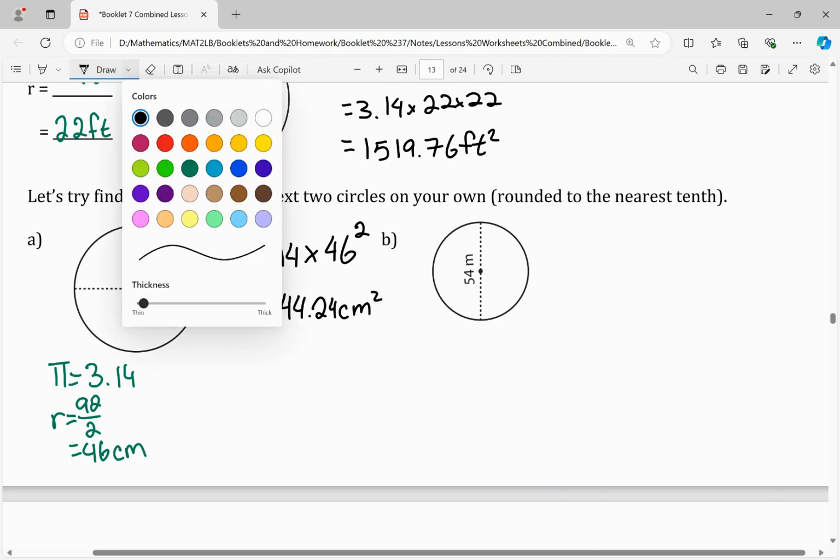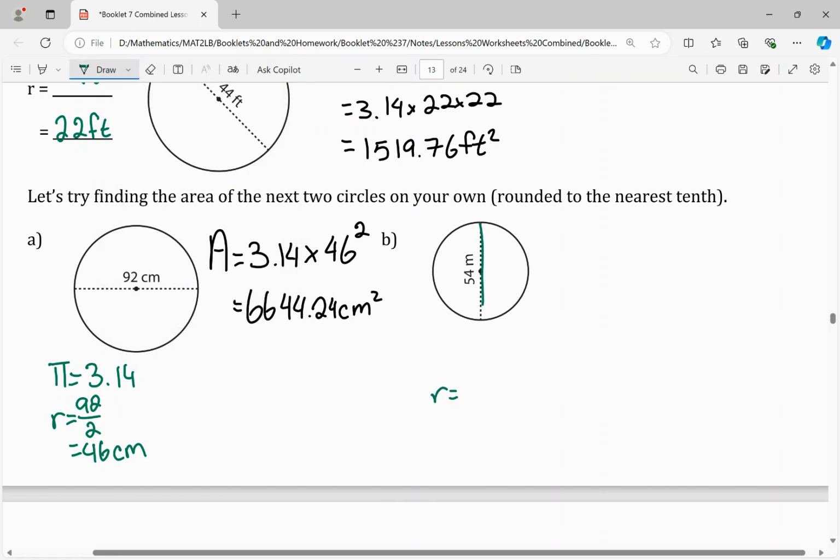In this last example, our radius is equal to our diameter, 54, divided by 2. Our radius is equal to 27 meters, not squared, just meters.